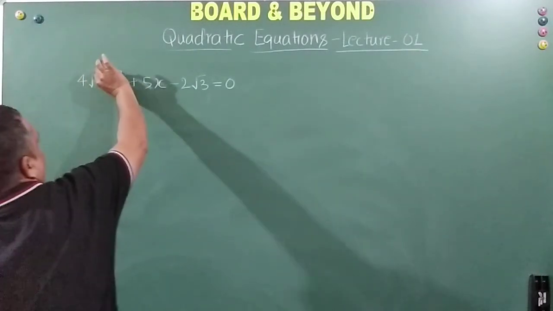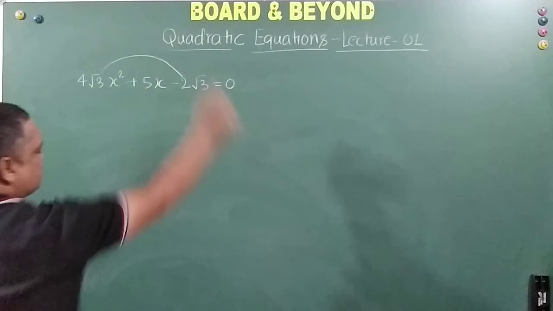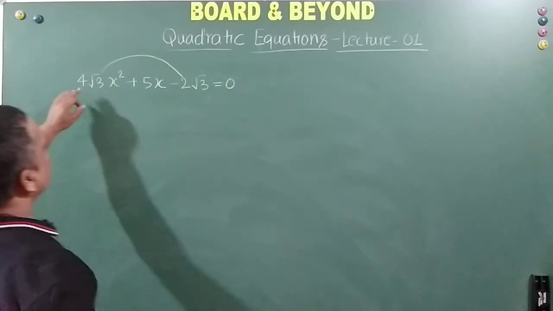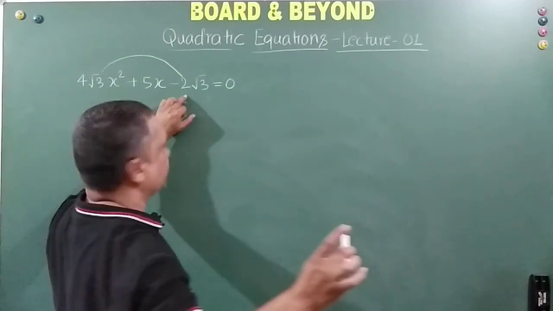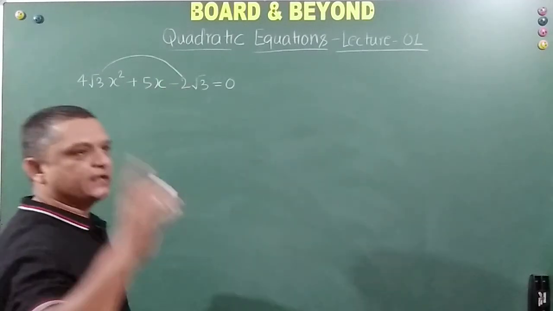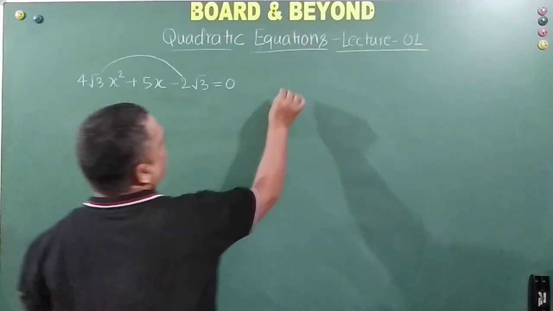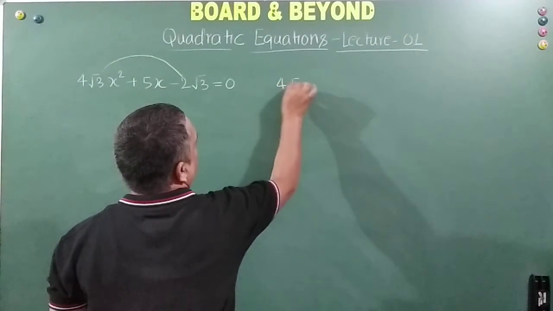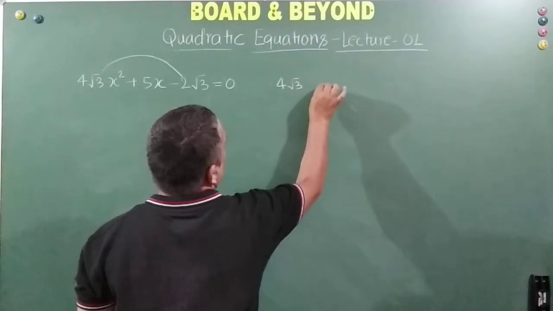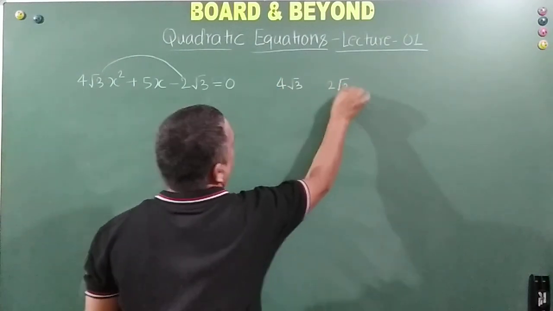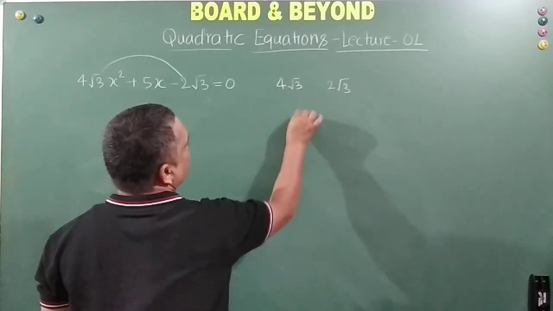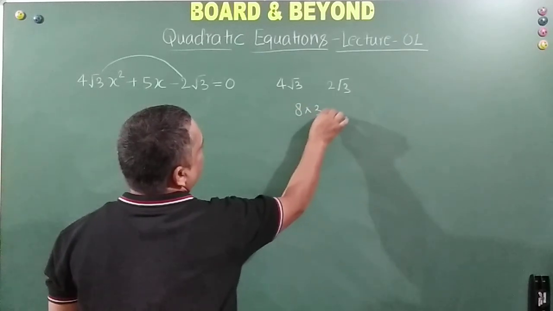So for the factorization we will multiply the first and the last term. So 4 into 2 is 8, root 3 into root 3 is 3, 8 into 3 is 24.